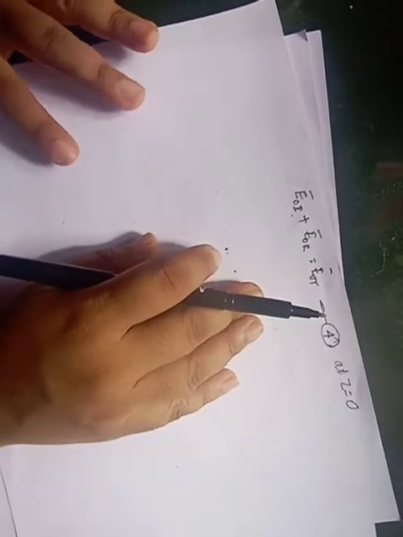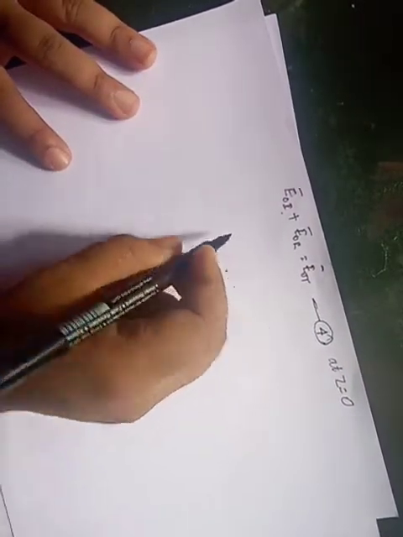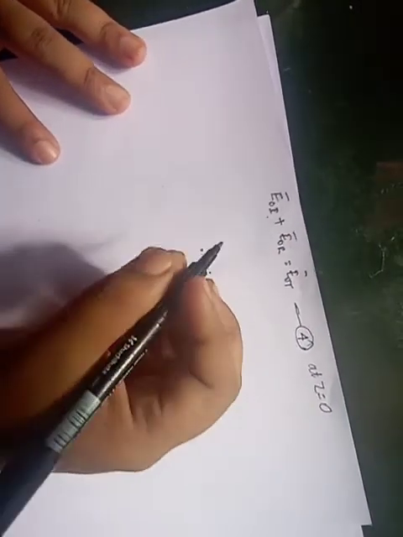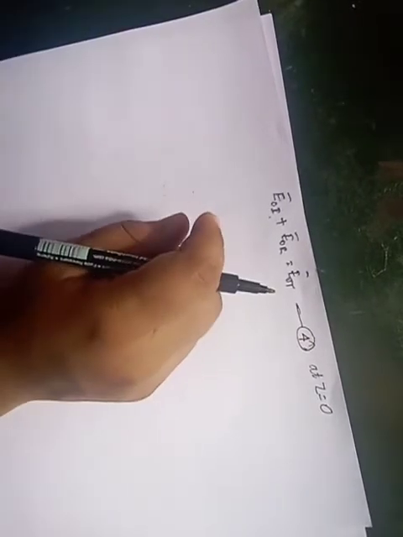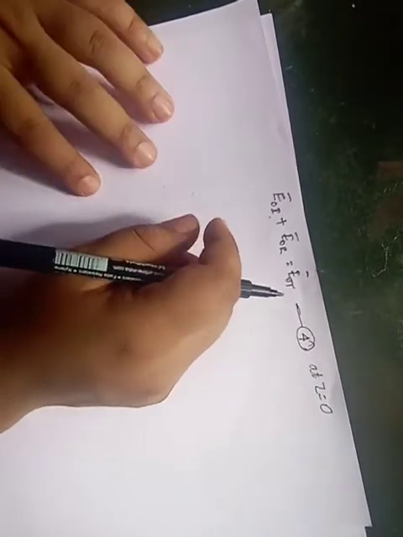So instead of that B naught I, we can write it like this. In terms of E naught I, we have already seen that B naught is equal to 1 by V1 into E naught.